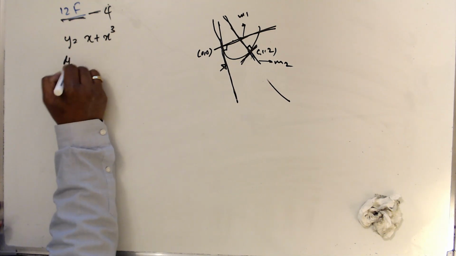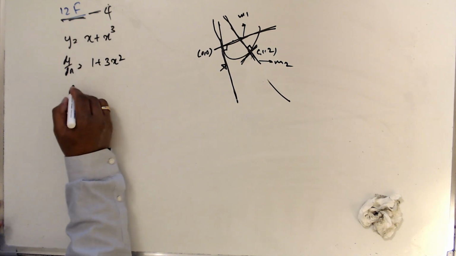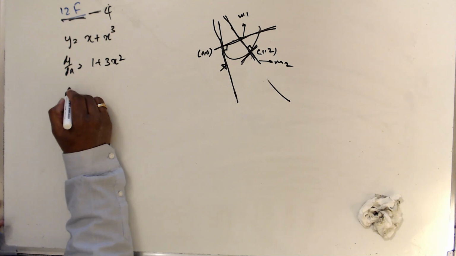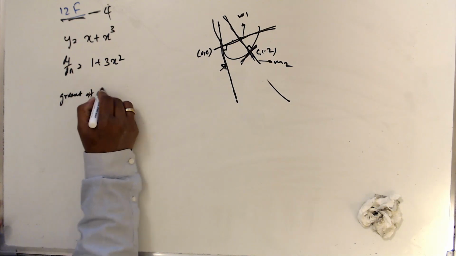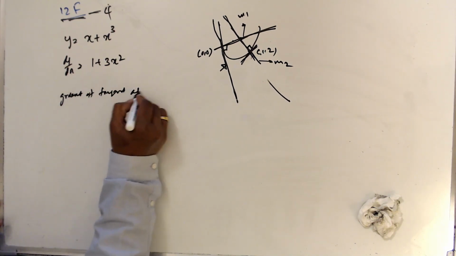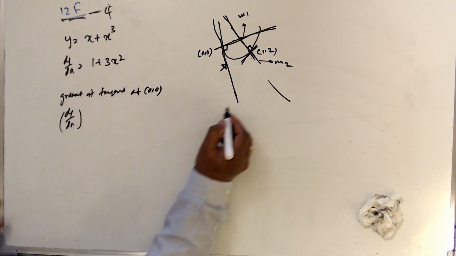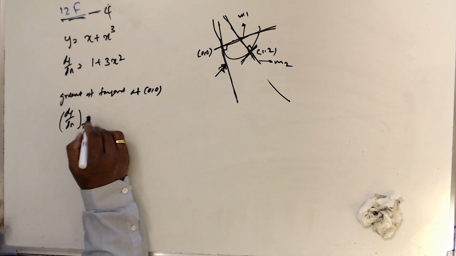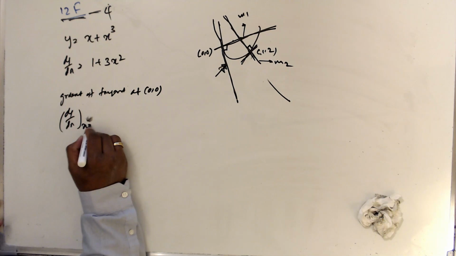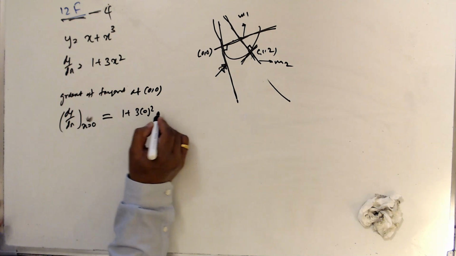First of all, get dy by dx. Now, gradient of tangent at 0, 0. So dy over dx. I'm talking about the gradient of this line, dy dx, when x equal 0. 1 plus 3 times 0 square, which is 1.